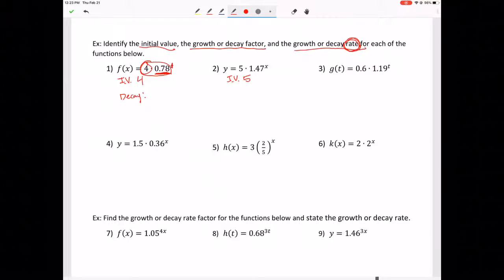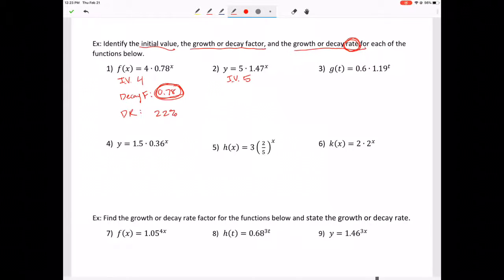So we know that it's going to be less than 4 when x equals 1, and then it will get more and more smaller as time goes on. Okay, so decay factor is going to be 0.78, and then decay rate is the difference between our decay factor and 1, which will be 22%.